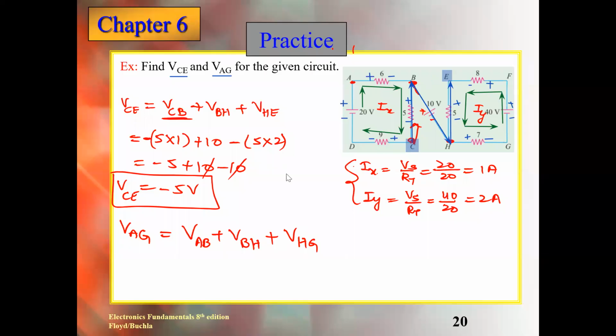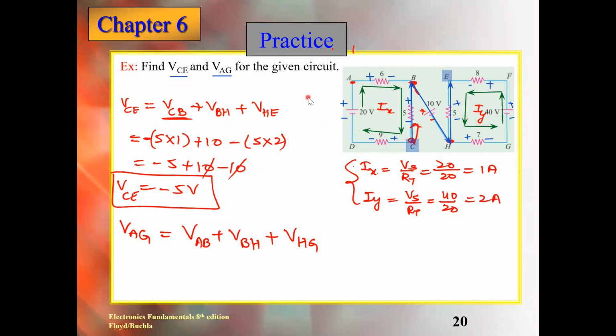Okay, guys. So have you done this? Yes. What is the answer for the VAG voltage? 6 voltage.